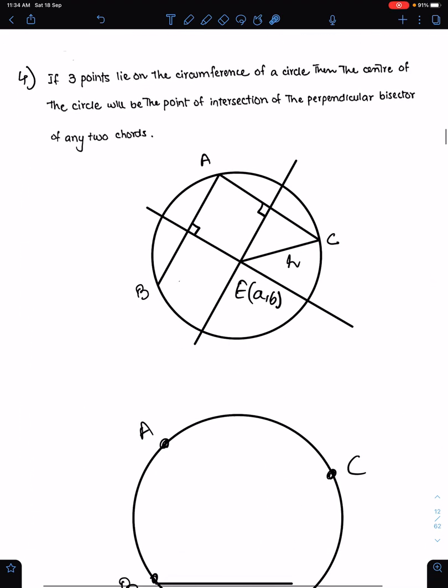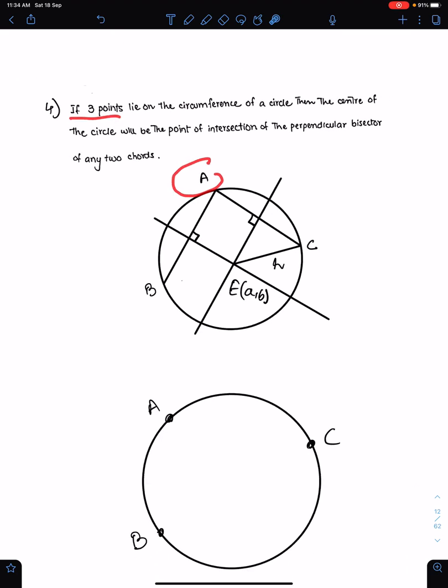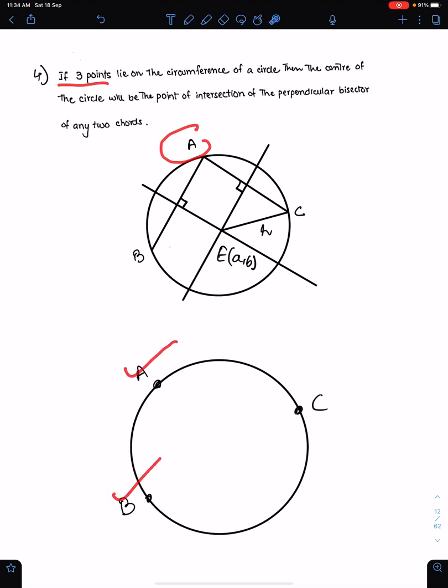Next property and concept. If 3 points lie on the circumference, like this, A, B, C, then the center of the circle will be the point of intersection of the perpendicular bisectors of any two chords.